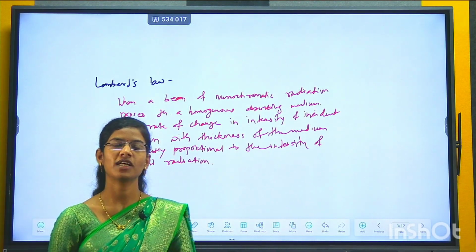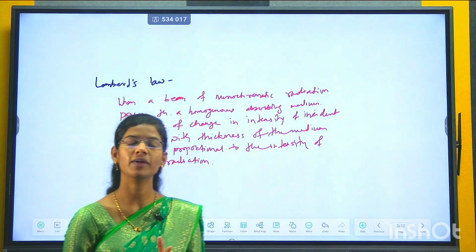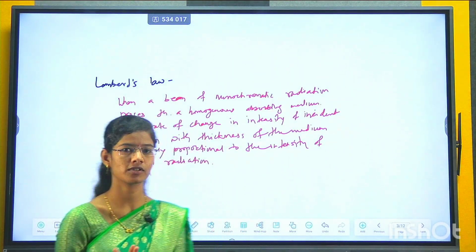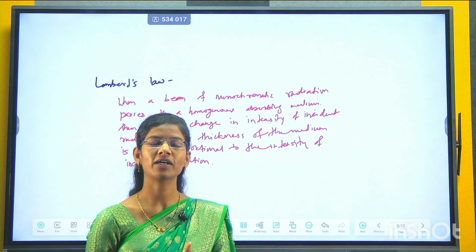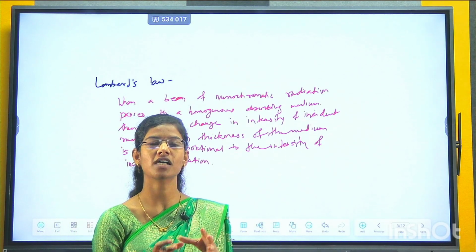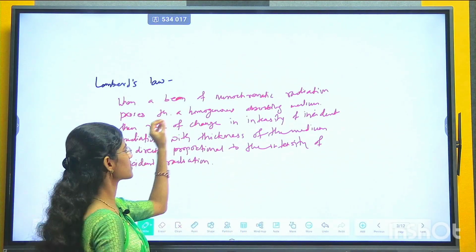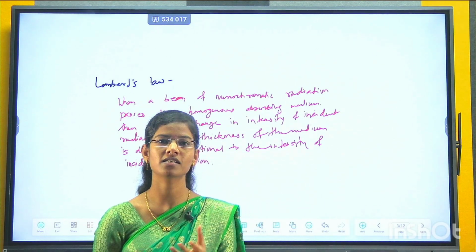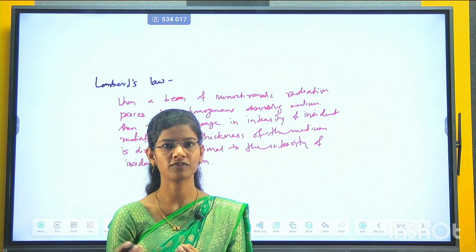Now see, the statement of Lambert's law is: when a beam of monochromatic radiation passes through a homogeneous absorbing medium. What is monochromatic radiation? Monochromatic radiation means radiation associated with a single wavelength. Homogeneous means a medium that has a single phase, like liquid phase, solid phase or gaseous phase.